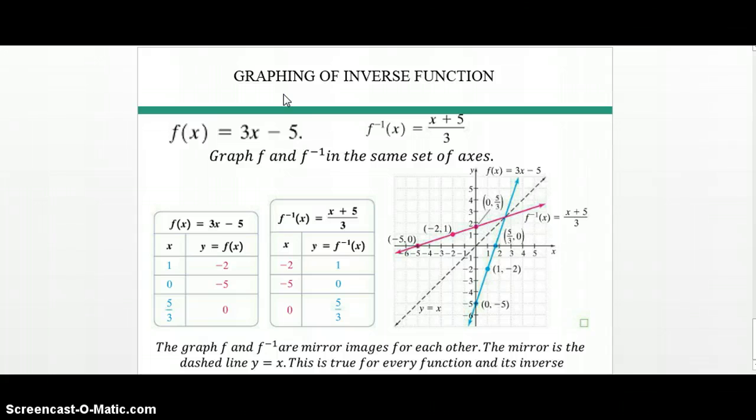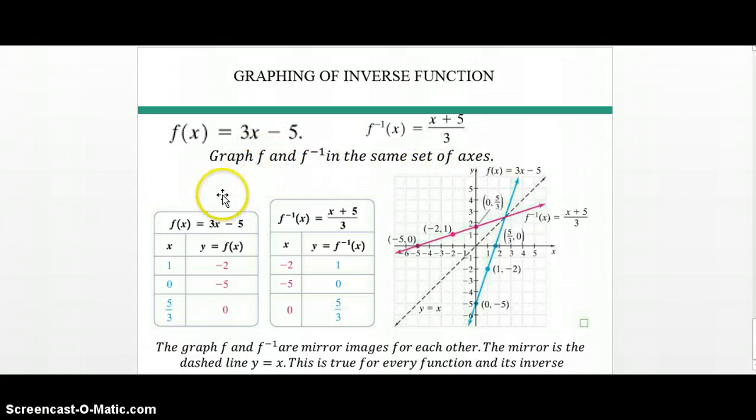Graphing of inverse function. f of x is the function 3x minus 5 and its inverse f inverse of x equal to (x plus 5) over 3. Let us graph these two functions f and f inverse in the same set of axes.